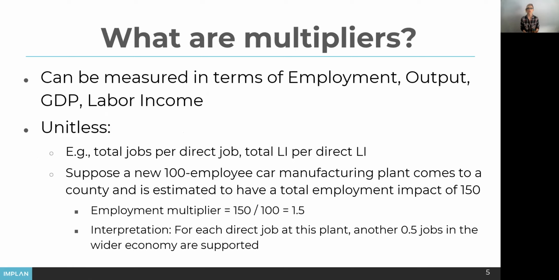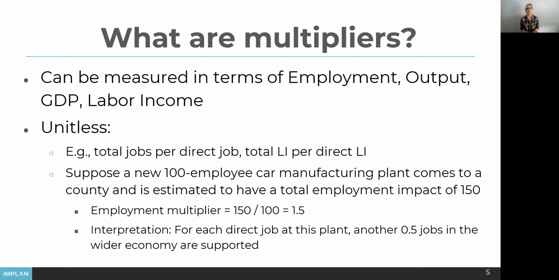Okay, and as I mentioned, these multipliers can be measured in terms of employment, output, GDP, which is also known as value added, or any of the four components of GDP, the most common of which of interest is labor income. Now, technically, multipliers are unitless, and that's because the numerator and the denominator are in the same units. And so dividing one by the other, the units cancel out. So for example, total jobs per direct job, or total labor income per direct labor income.